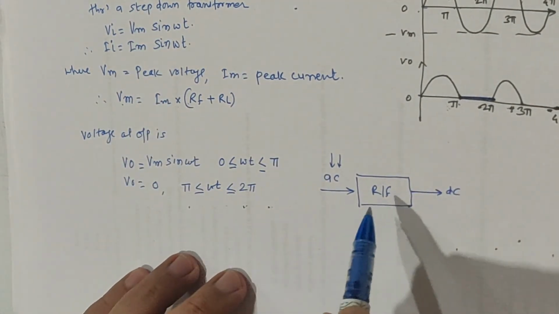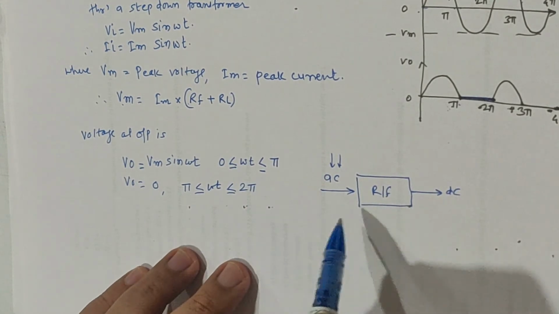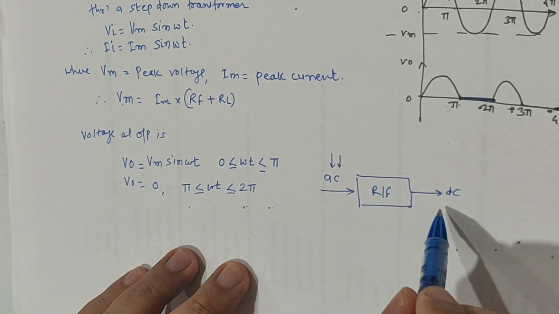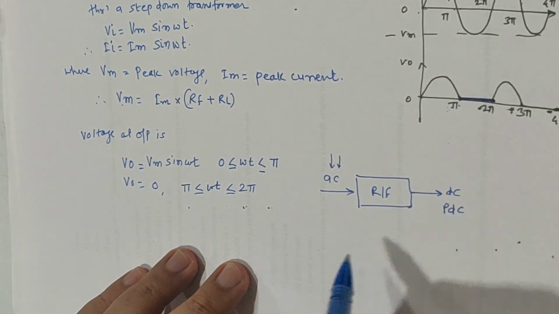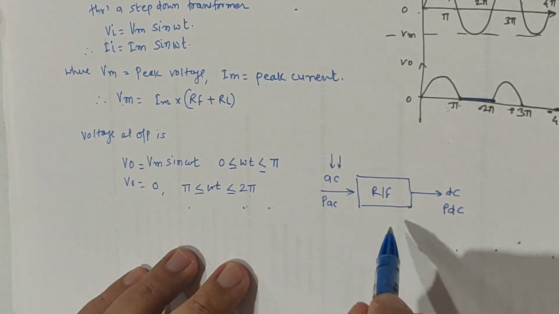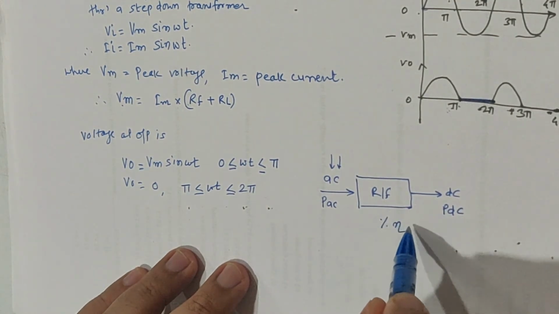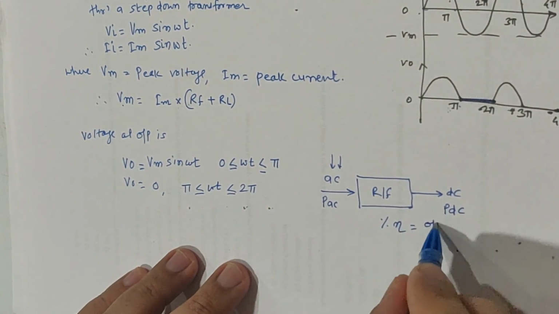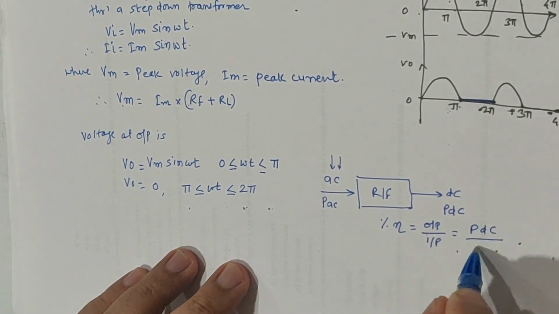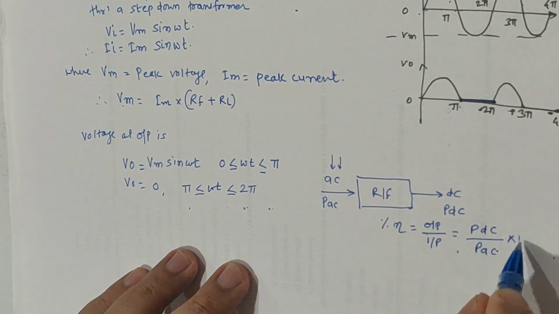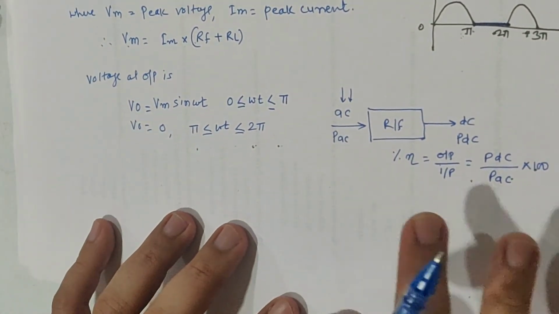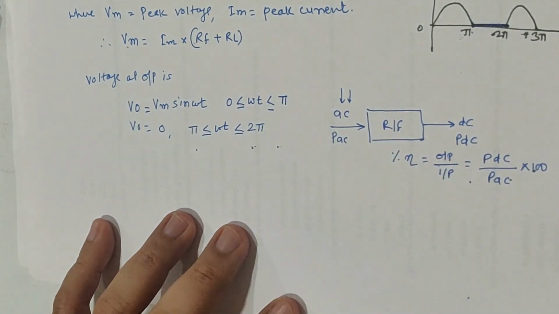Now if I want the efficiency of the circuit, I have to calculate the DC power, PDC, then the AC power, PAC, and then the percentage efficiency will be output upon input, that is PDC upon PAC into 100%. By this formula, I can calculate the efficiency of the circuit.